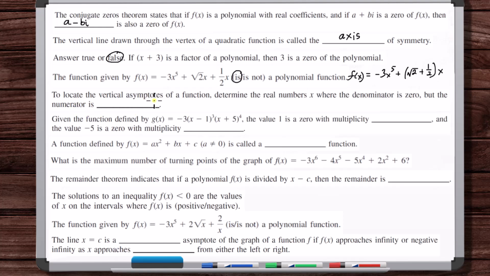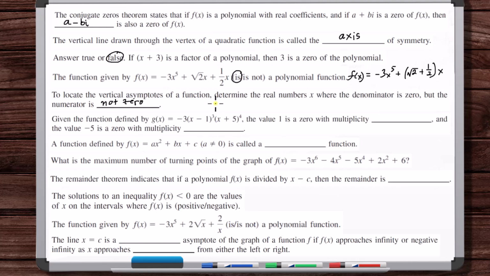To locate the vertical asymptotes of a function, determine the real numbers x where the denominator is 0, but the numerator is not 0. Right? For a rational function, when you think about vertical asymptotes, that's where you're dividing by 0, but the numerator is not equal to 0, because at a vertical asymptote the function is ballooning to positive or negative infinity.